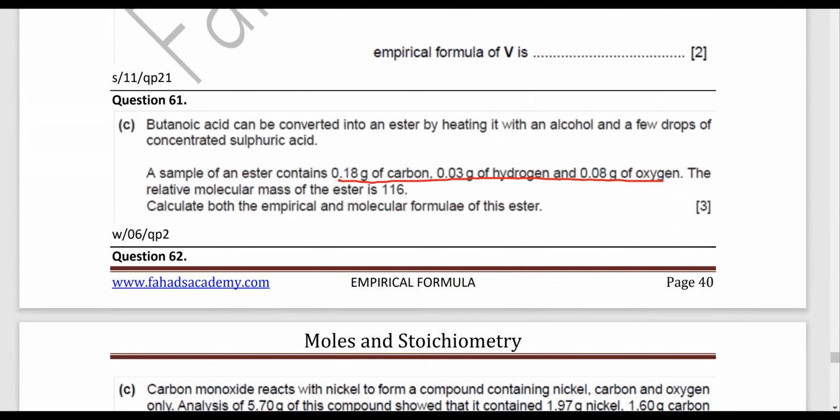You're given the masses, and the molecular mass of the formula is also given, 116. So you have carbon which is 0.18, divide that by 12, and you have hydrogen which is given as 0.03, divide that by 1. Up here you're given oxygen which is 0.08, divide that by 16. Tell me what values are coming out.